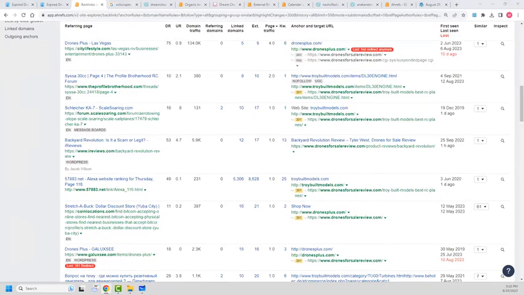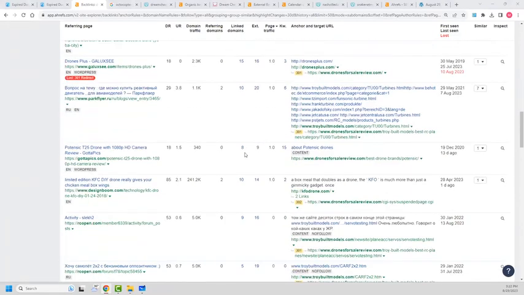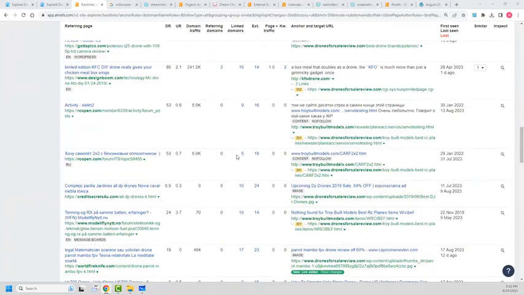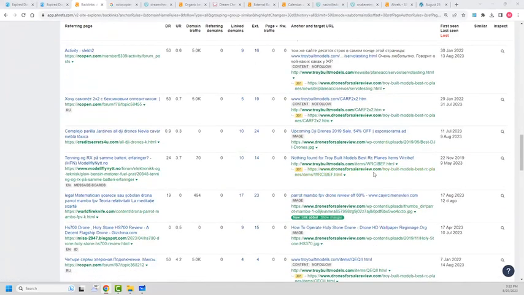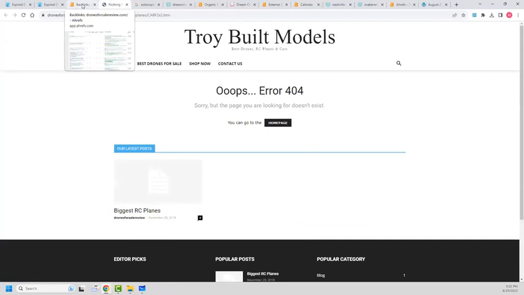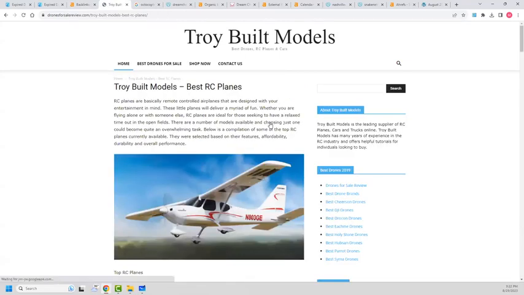Now, what are the strikes? The strikes are the review in the domain. I'm not a big fan of that. I don't like that. Also, it looks like it has some kind of redirect from some Troy built models. Okay, that might also be a difficult thing. See how that's linking to this? That's interesting.